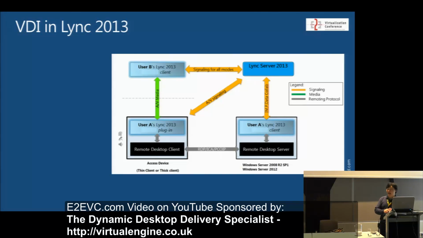Things change in VDI 2013. How does it look infrastructure-wise? We still have our RDS server running on 2008 R2 SP1 or Windows Server 2012 in conjunction with Hyper-V, for example. For example, you build a bunch of VMs and ensure that each of the VMs has all applications you require, plus Lync 2013.